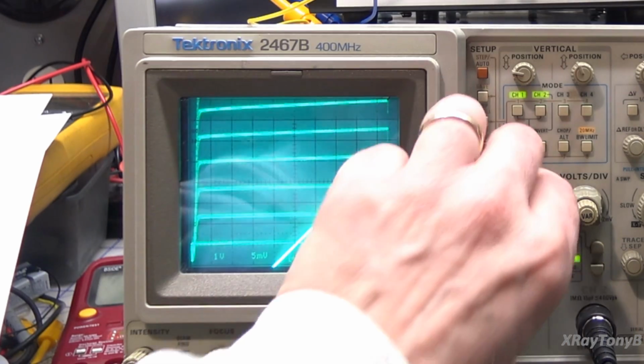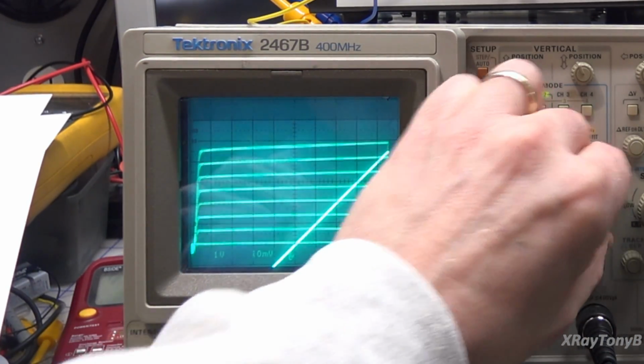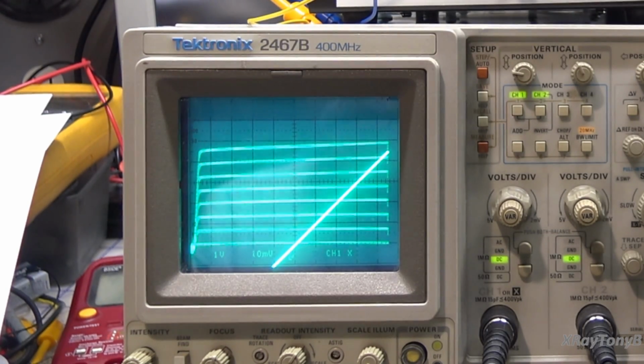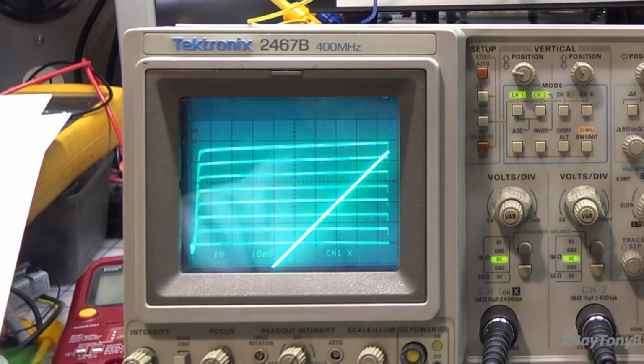Okay? And we can actually do the math, which is a simple division problem, and determine the gain, or the beta, of the transistor, the forward current gain, at that particular voltage and that particular input current.